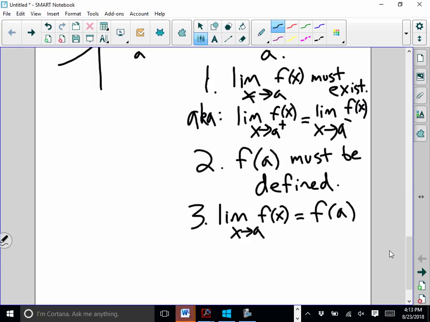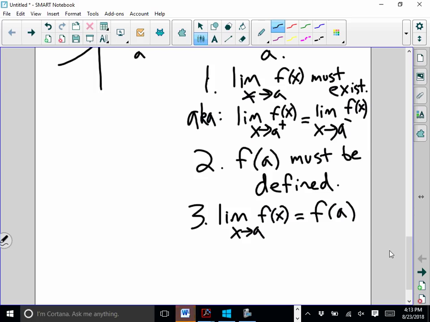Sometimes people think of continuity as just the third step. You couldn't prove the third step to be true with a limit that doesn't exist or a function that's undefined. So sometimes people like to skip right to step 3, but I really want to focus on step 1 in terms of making sure something is continuous.